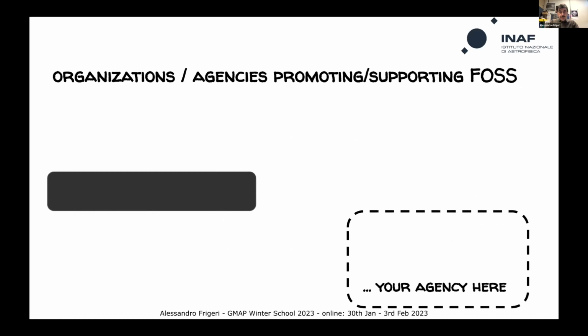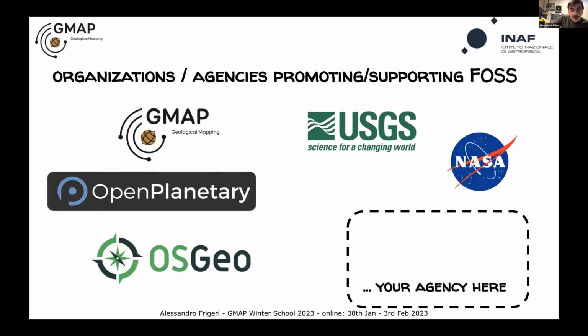Free open source software is promoted by some organizations and agencies, which I list here. For example, GMAP is pushing for free open source software, and we are using that in this school. OpenPlanetary is the place where we also typically use that kind of software.